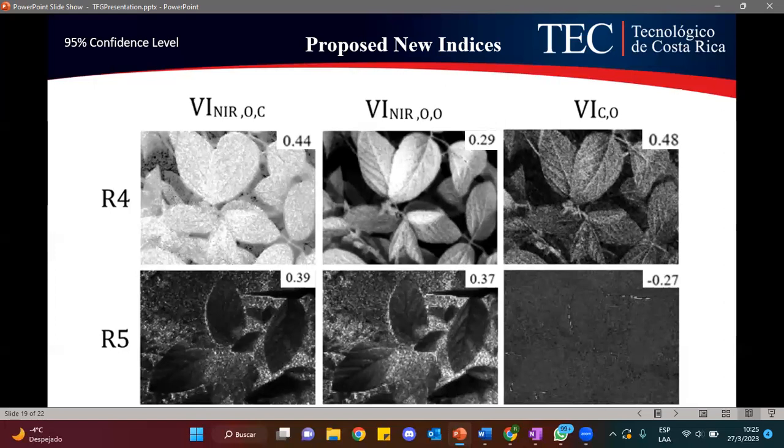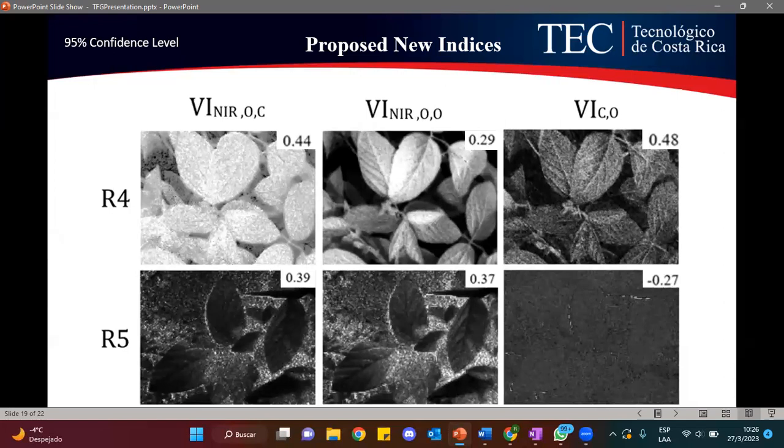For the third vegetation index on the right, we can see a higher correlation and also a higher level of details on the leaves. But for R5, it's a low correlation. We cannot see very much details.